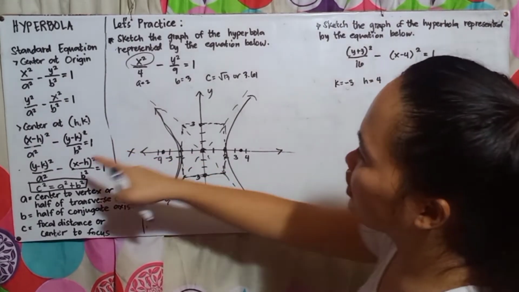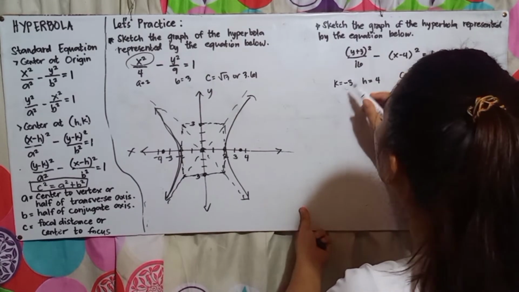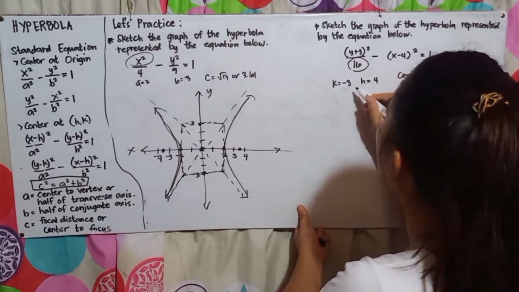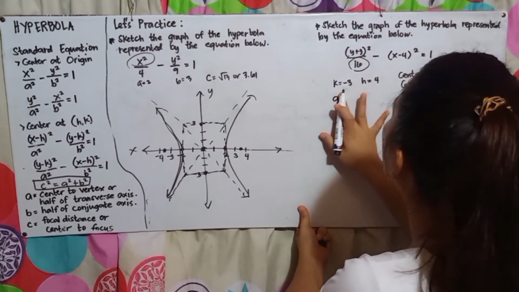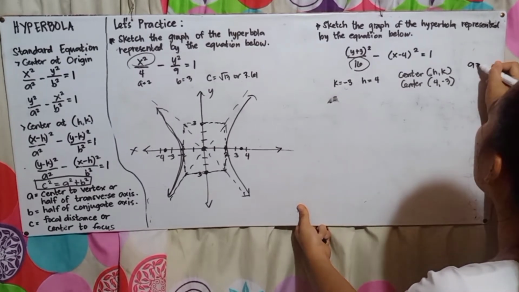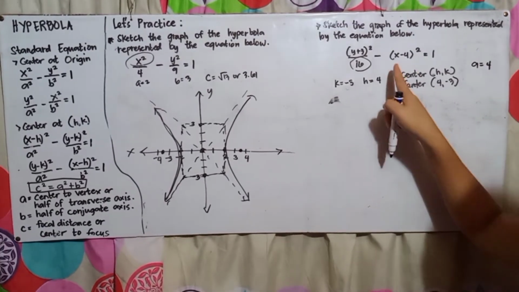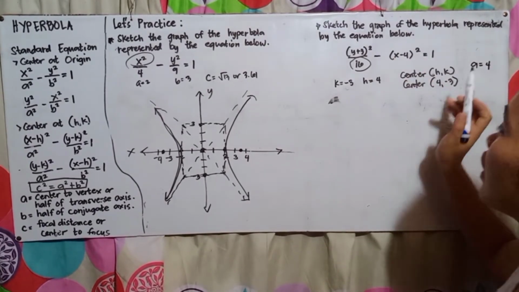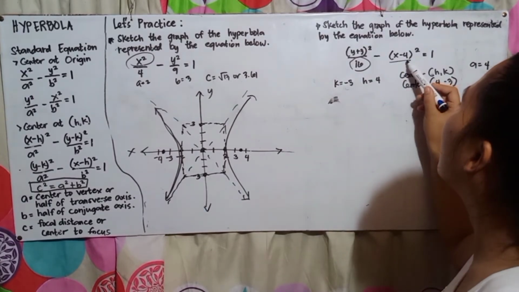Then, A squared. So, since 16, our A is 4. Since wala siyang denominator, na imaginary 1.